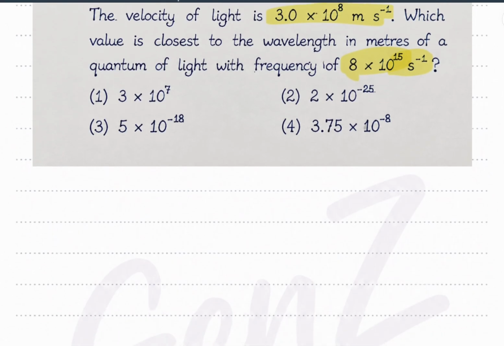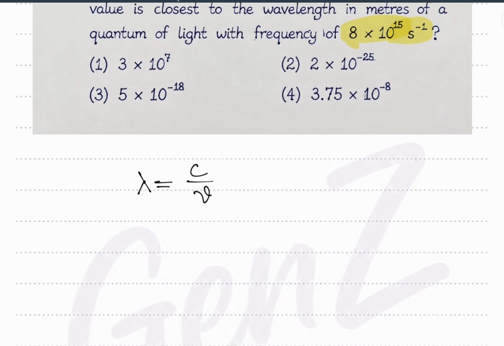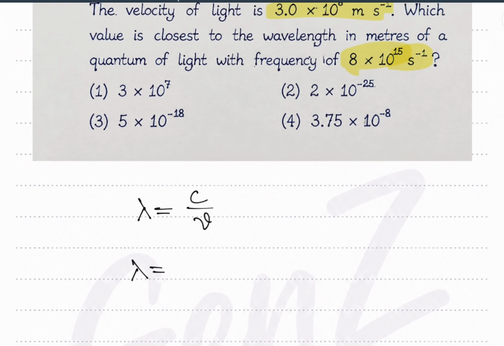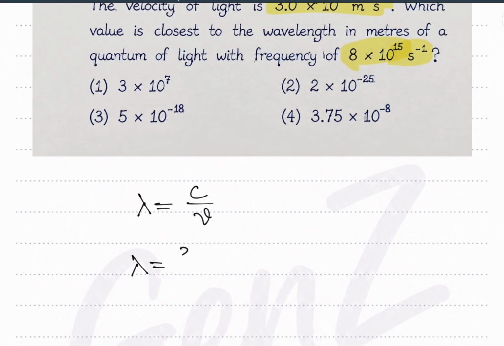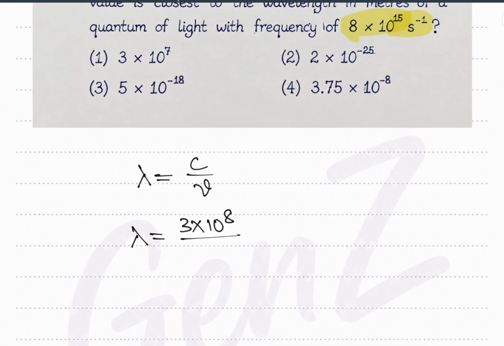We know the wavelength equals c divided by nu, where c means speed of light and nu means frequency. That means lambda equals 3 into 10 power 8 divided by the frequency of light, 8 into 10 power 15.